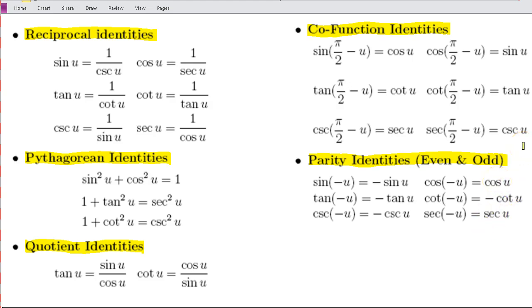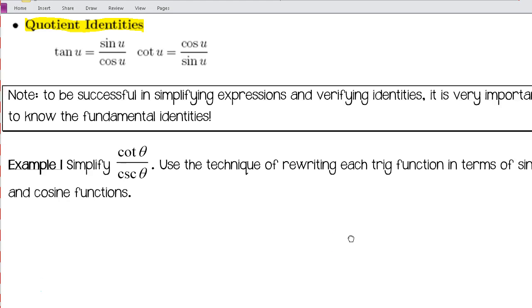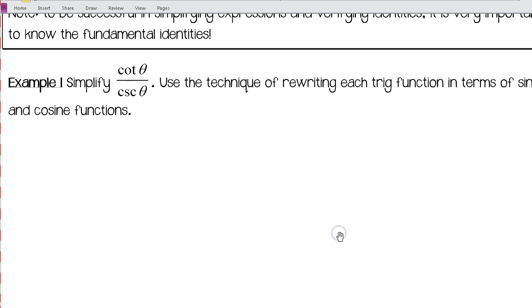So these are basically our tools, and the identity problems can be thought of a little bit like puzzles, and you have to figure out which of these identities you need to use to solve your puzzle. And I'm going to do the first example in this video, and then each subsequent example I'm going to have as a separate video, so it's easier to go back and refer to those if you need to.